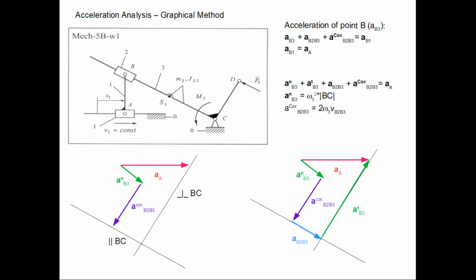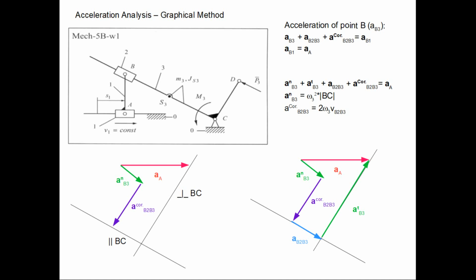In the next step, we have to compute the accelerations. And of course, we use exactly the same idea as in the previous case. So first we analyze the acceleration of point B, and we see that this acceleration comes from the rotation of rod three, as well as a relative motion of a slider 2 in a rotating frame of reference of rod three.